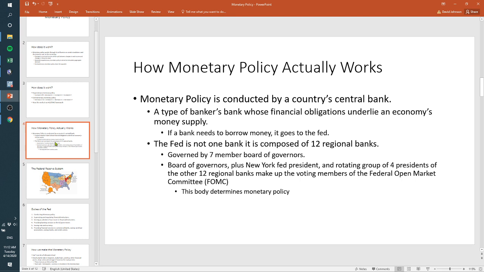And so by rotating membership, effectively each region of the country gets to take a turn directing the monetary policy of the United States. Now, this is important because the U.S. is a very big country, so sometimes monetary policies that would be helpful for, say, California wouldn't be nearly as helpful in other parts of the country.